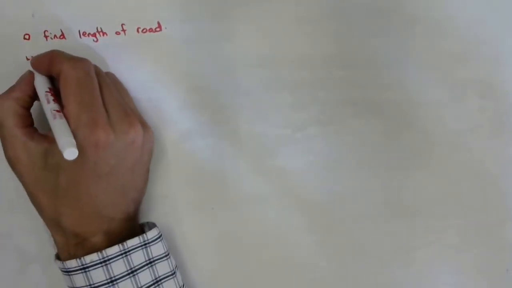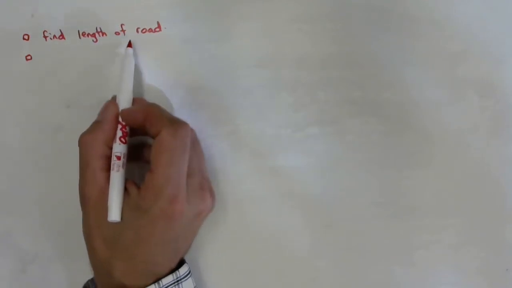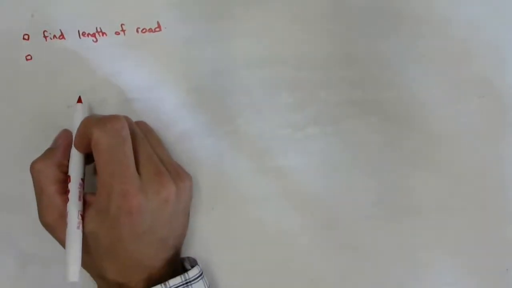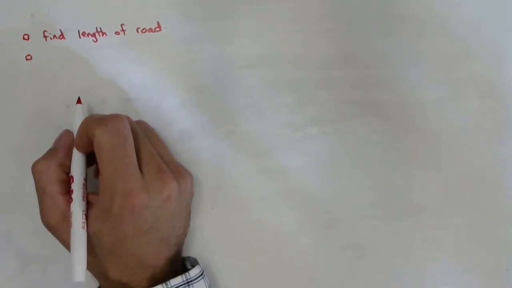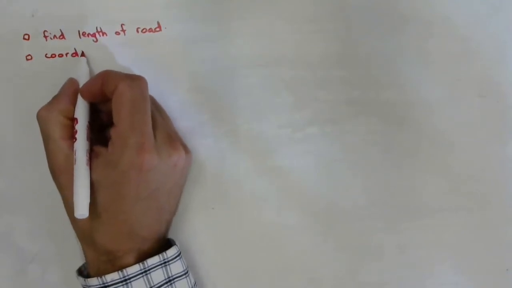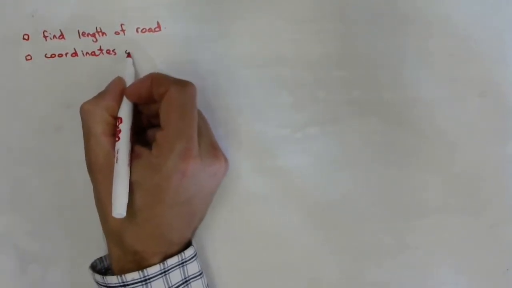In order to find the length of something, in order to use my distance formula, what do I need? What information do I need? You need the coordinates of 2 points, which you have. Do I? No, you only have one.